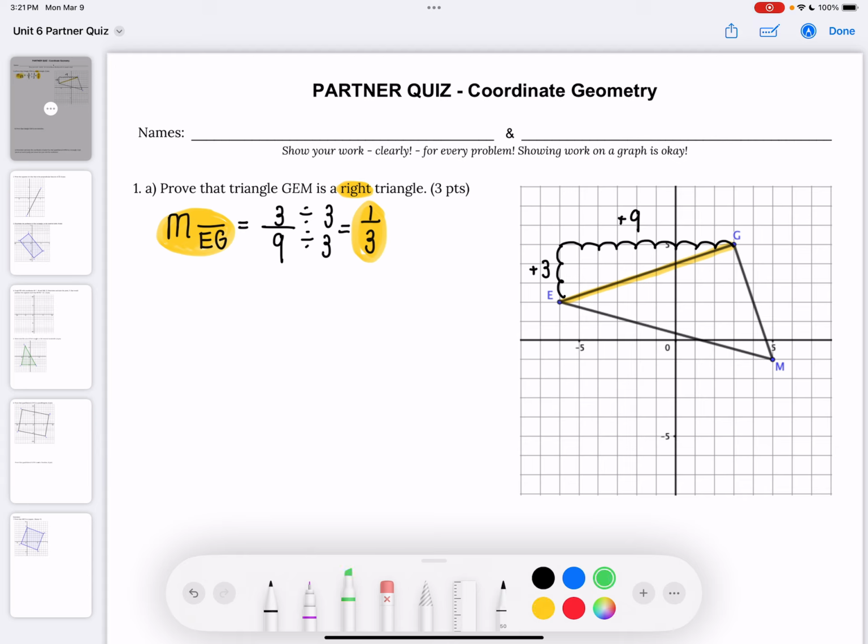And then I'm going to highlight line segment GM. So the slope of line segment GM is going to be rise over run. So I have rise of 1, 2, 3, 4, 5, 6. And since I'm rising 6, and then I'm going to the left 2, it's going to be negative here.